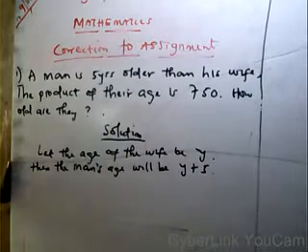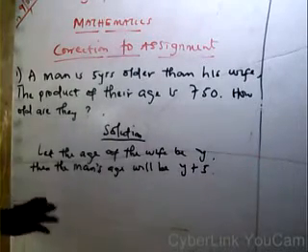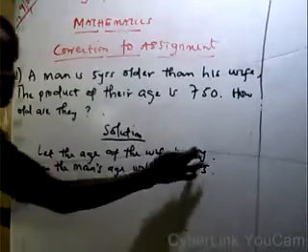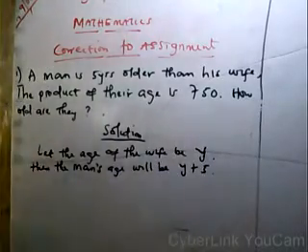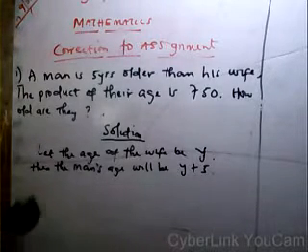Now, the product of their ages is said to be 750. When you hear the word product, they are talking of multiplication. So when you multiply y and y plus 5, it gives 750.